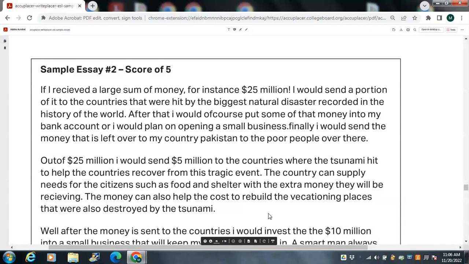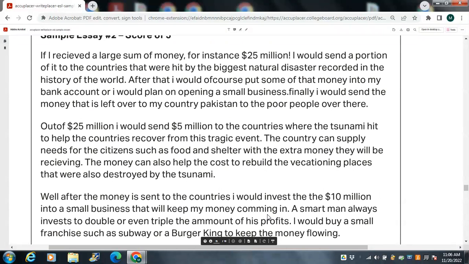Now let's go to paragraph number 2 and see if they focused on the natural disaster. If they did, that's going to further enhance the organization and development of their essay.